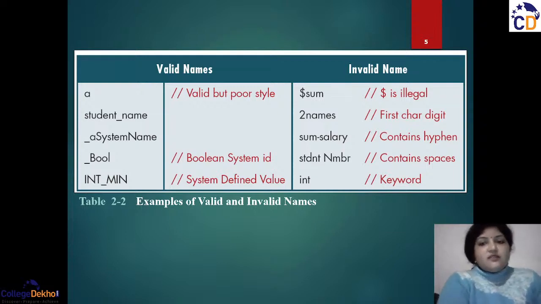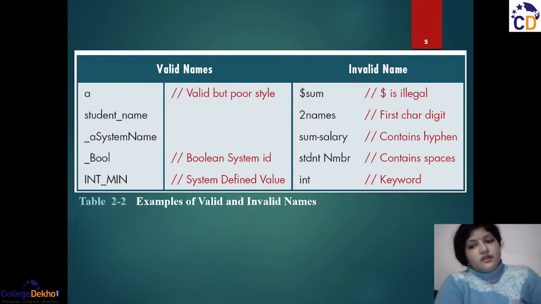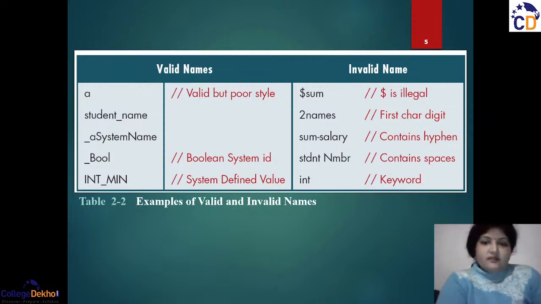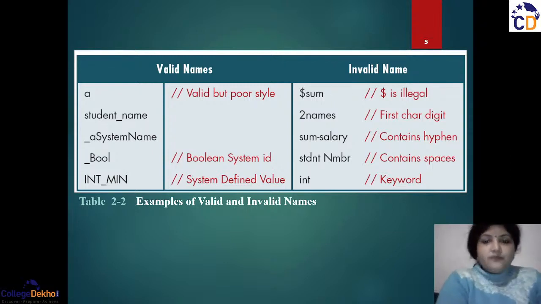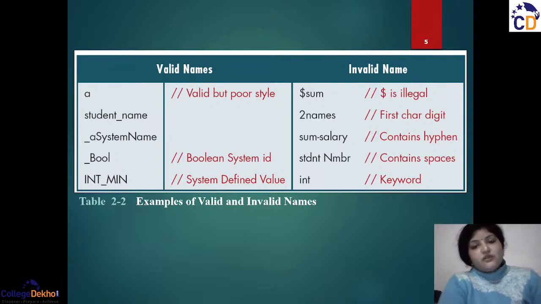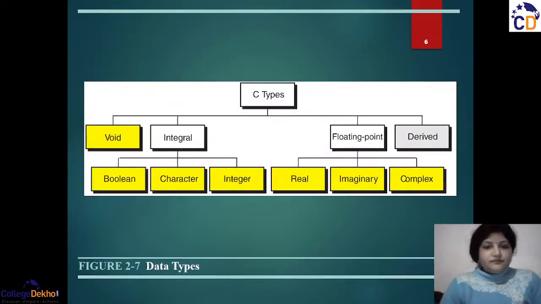The third thing is you have included a hyphen, sum hyphen salary. It is not allowed and will give you an error. Student space number: again, spaces are not allowed. Int: is int an identifier? No, int is already a reserved word, a keyword for holding numbers, digits and values. It is going to give you an error when you define such names.